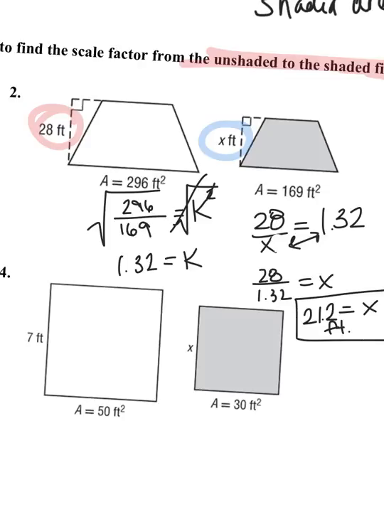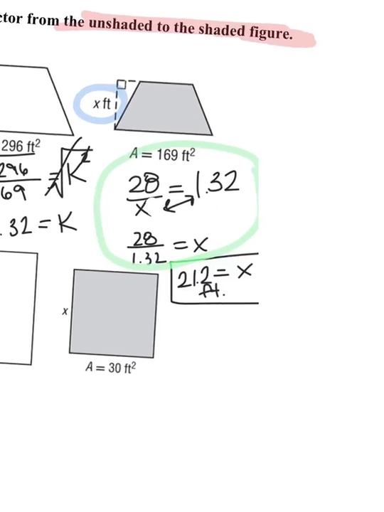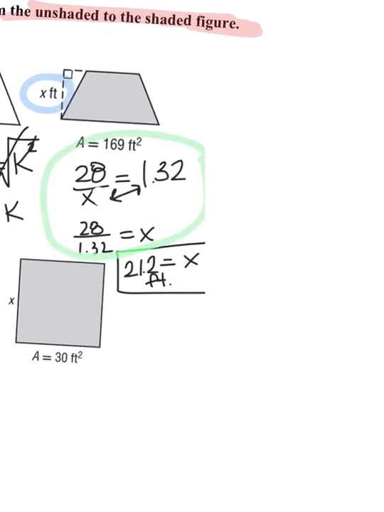Okay. Now, if you're stuck and you don't know what I did right here, I'm going to quickly explain it. I had 28 over x equals 1.32. So what I did, without having to show too much work there, I had 28 over x equals 1.32.